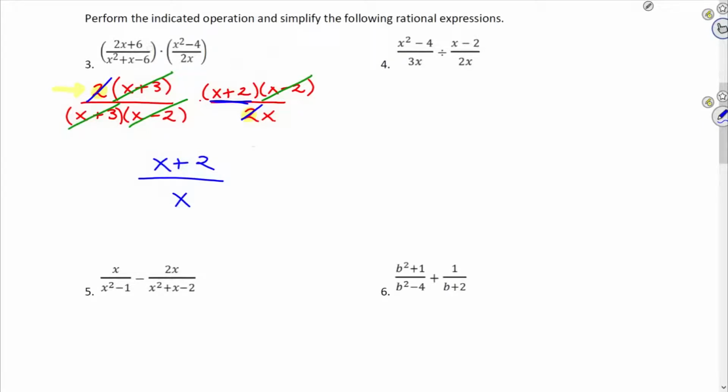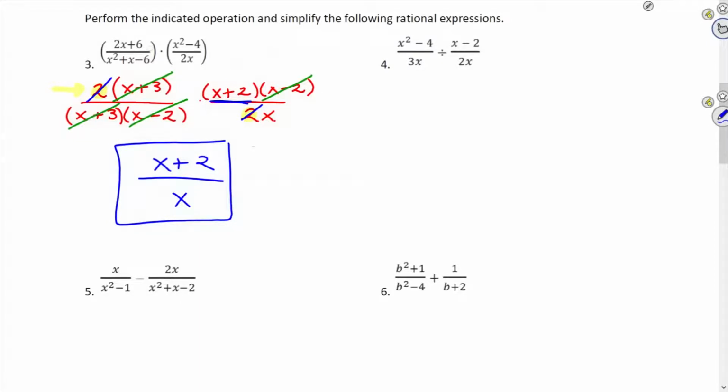For the exact same reasons, I was still thinking about x plus 2 as one big factor, and so I cannot cancel the x in the numerator and denominator. This right here is my answer in simplest form. Okay, that's how you multiply rational fractions. You factor everything, you cross cancel by canceling numerators and denominators that are the exact same, and you write what's left.